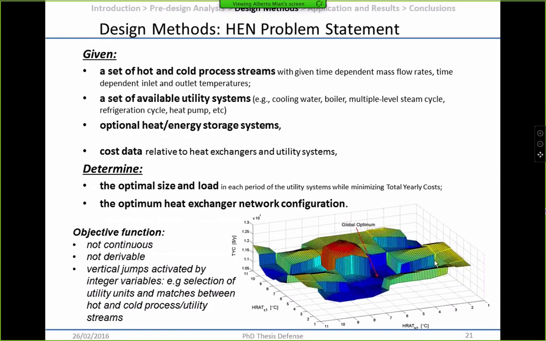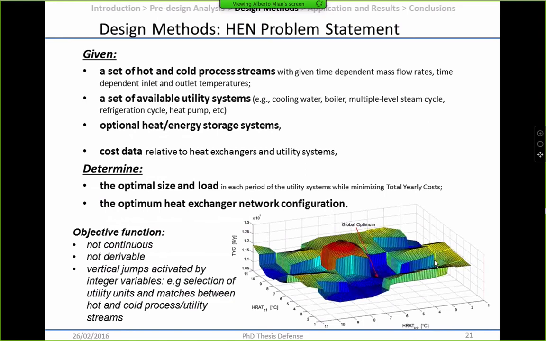In this case, we try to do this selection by applying a deterministic optimization approach in which we minimize the total yearly cost. As I did at the beginning, I represent here the objective function, so how the mathematical problem looks in terms of objective function. One of the main difficulties is that the objective function is not continuous.